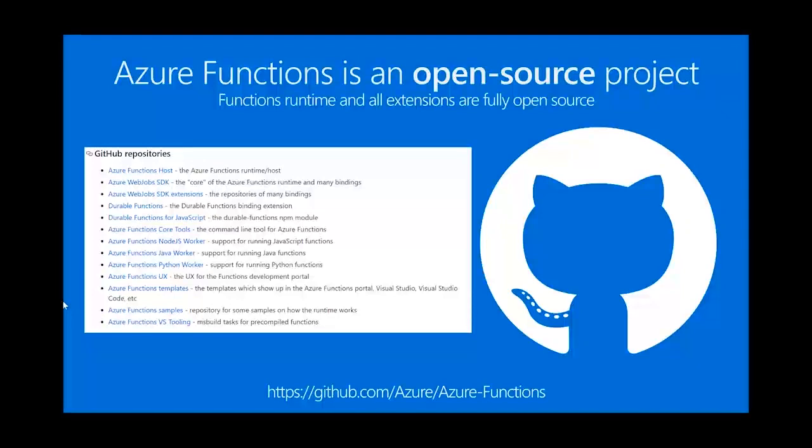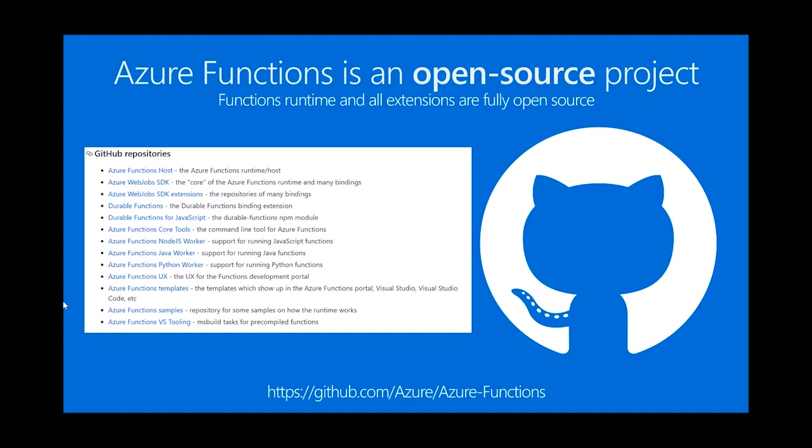Another thing that makes Azure Functions very unique is that it's fully open source. Almost everything is open source, starting from the function host. You can look at the link over there.